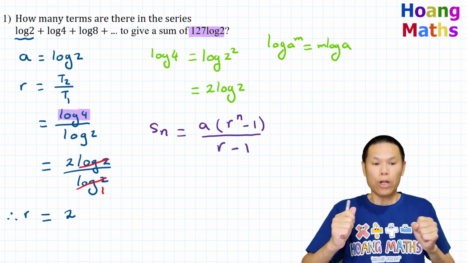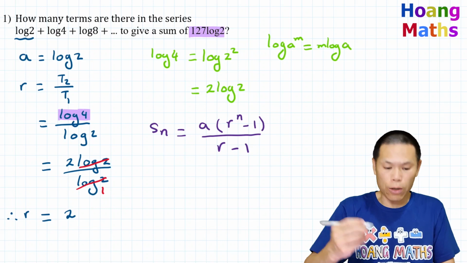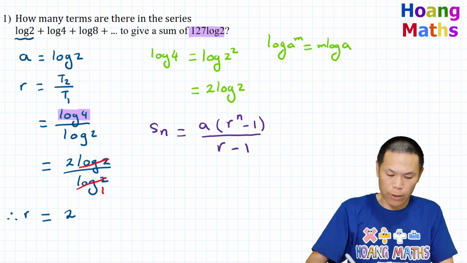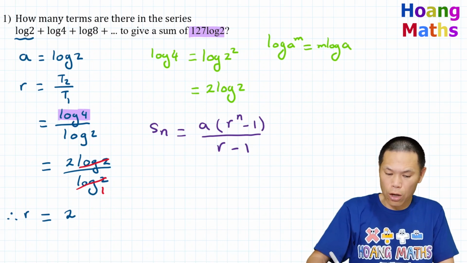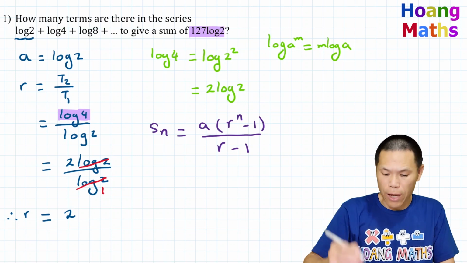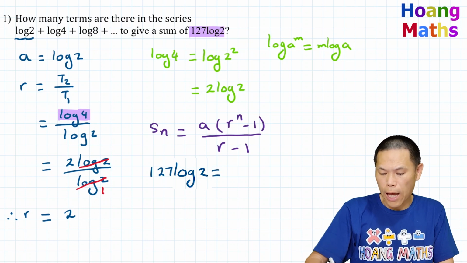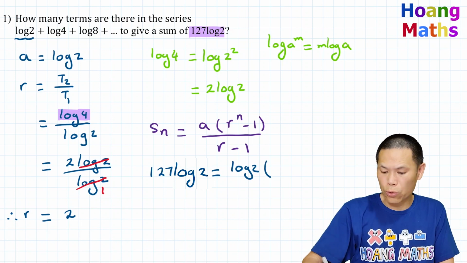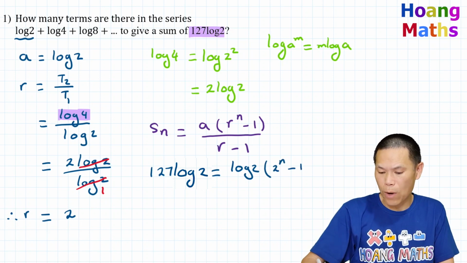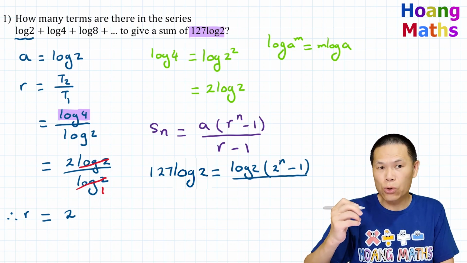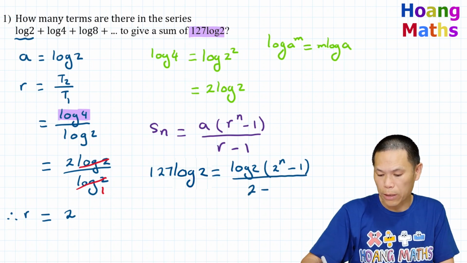We know that a is log of 2, and S of n is 127 log of 2. R is 2, so 2 power n minus 1, divided by r minus 1. R is 2, so 2 minus 1.